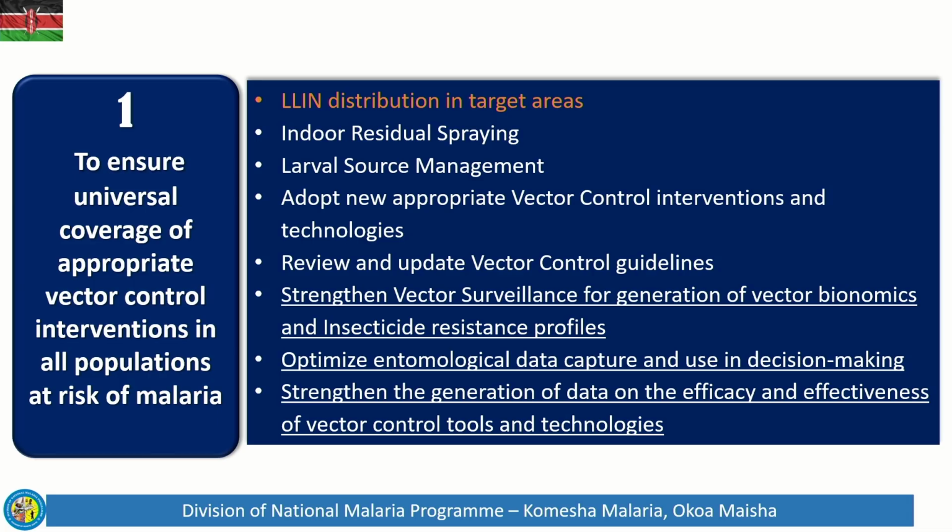And so we adopted that as one of the research, the data that came out of research that showed impact, and so we adopted it. And we included this in the strategy so that we utilize our own in-country data. The other part is we've strengthened a lot of vector surveillance data. We digitized the entomological data for the country to really help and guide us in making decisions in selecting the tools that will work in the specific setups.